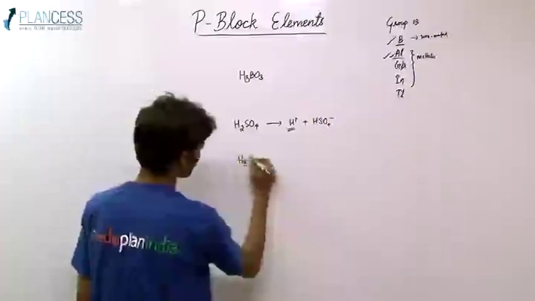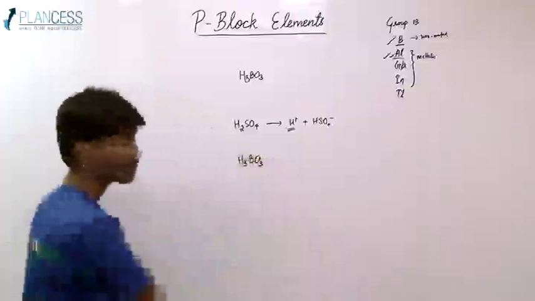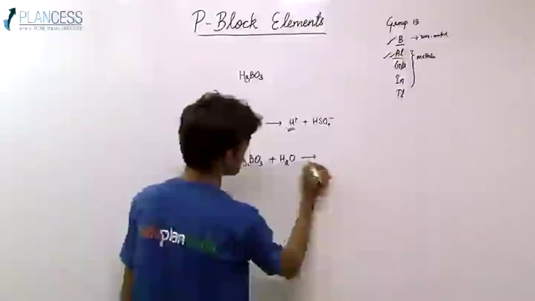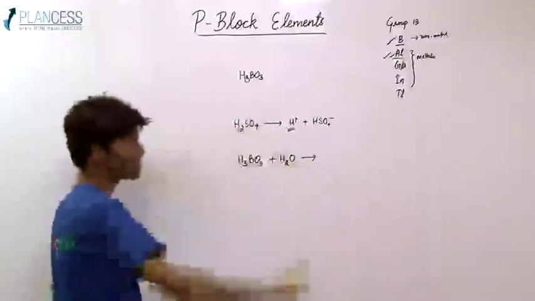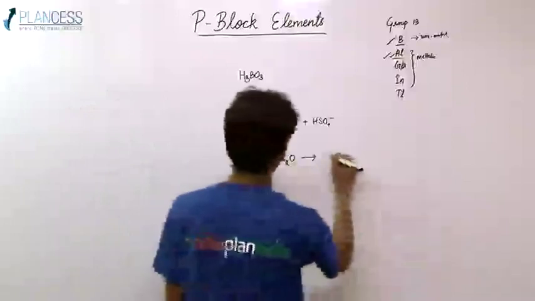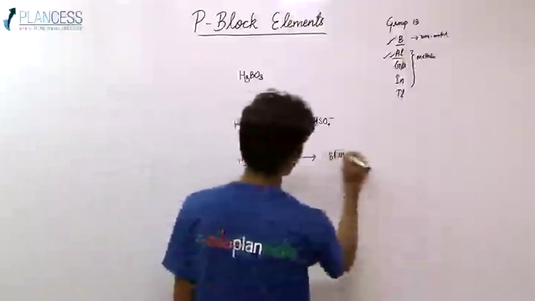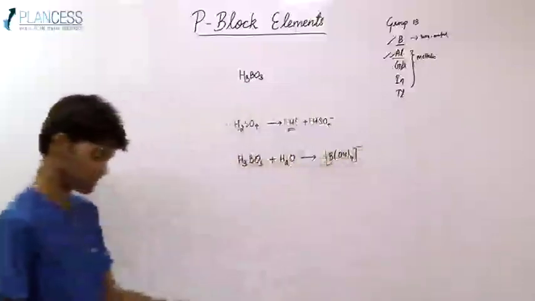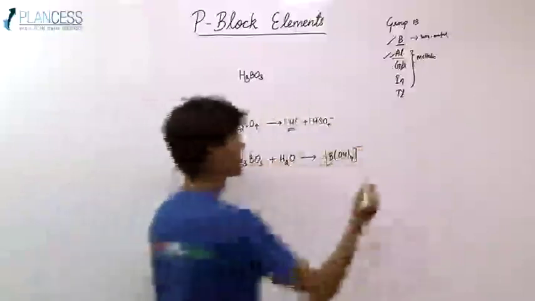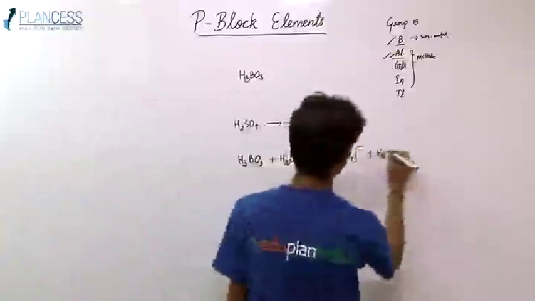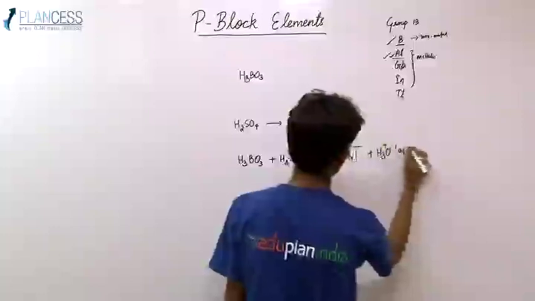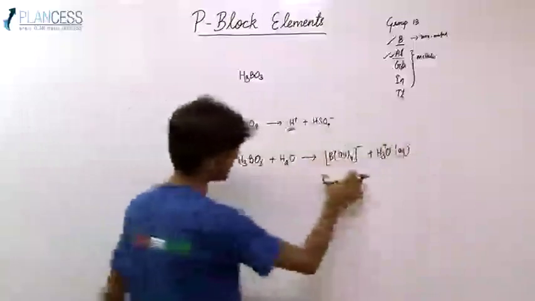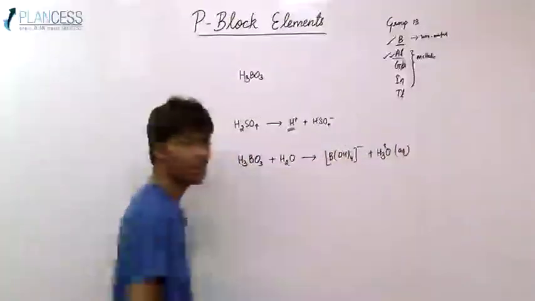In H3BO3, we know that the boron has one vacant 2p orbital. So when it is dissolved in water, the OH minus ion from water attacks here, and it would form B(OH)4 minus, and corresponding to it, H3O plus would be formed in aqueous form. Because of this it acts as an acid, but it is a Lewis acid, not a proton donor acid.